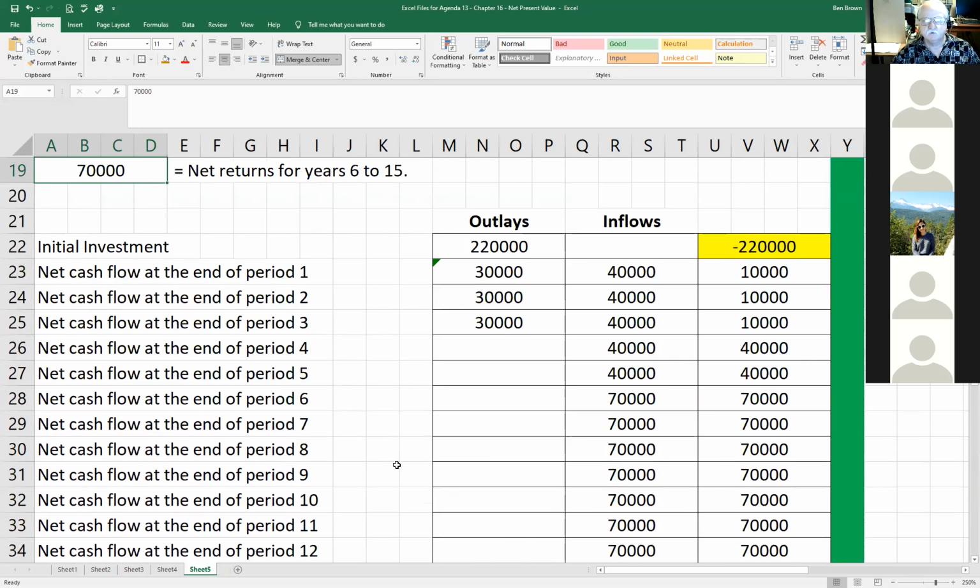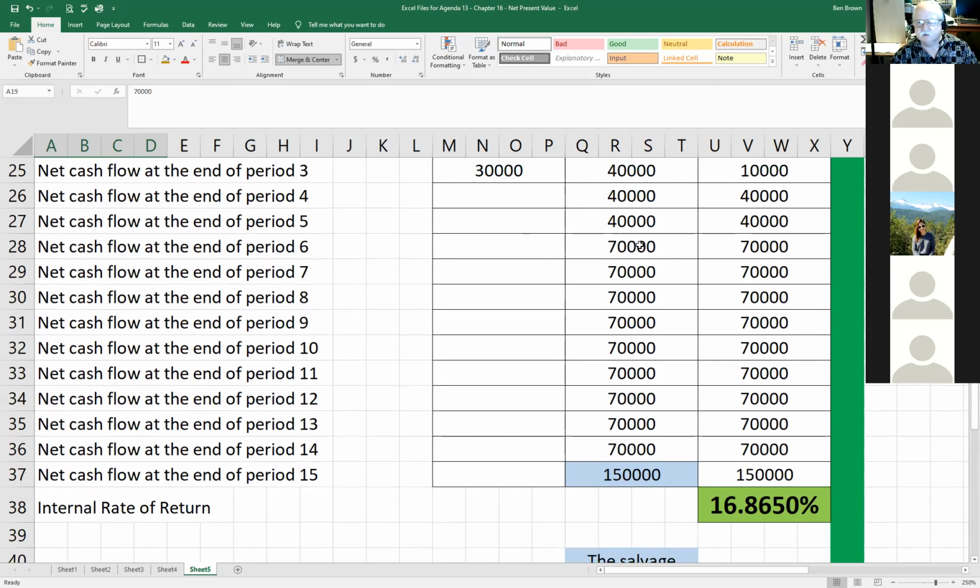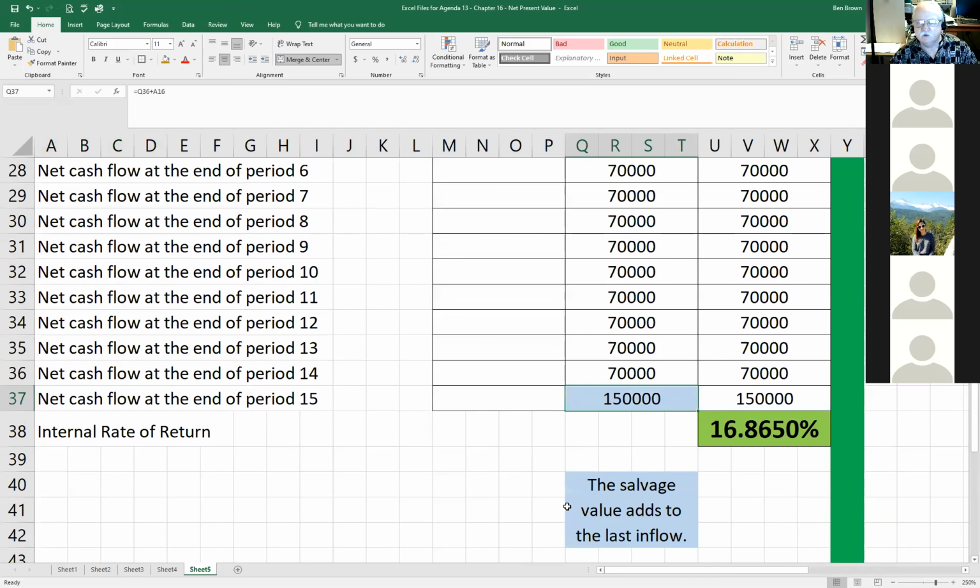So we set up this schedule. We have the outlays, the 220,000, and then 30, 30, and 30. And the inflows, 40,000 for 5 years, and then 70,000 for another 9 years. And of course, the last cash flow has to be adjusted because of the salvage value.